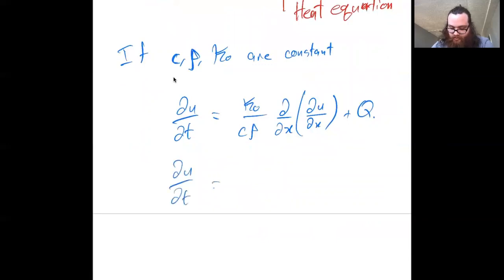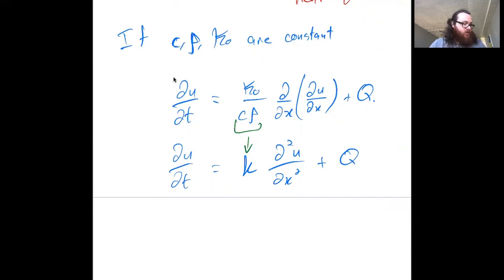And we can simplify this a little more. All of this stuff we're just going to treat as one constant depending on the material, times a second derivative of temperature, plus whatever q is.